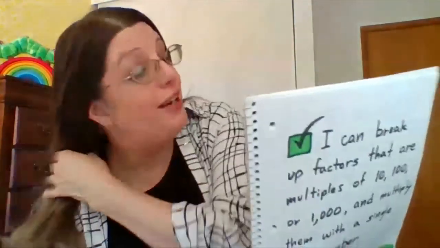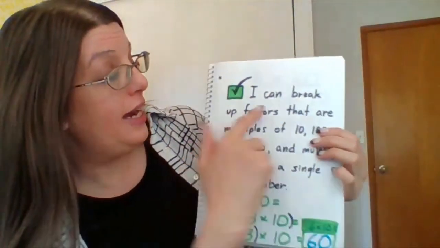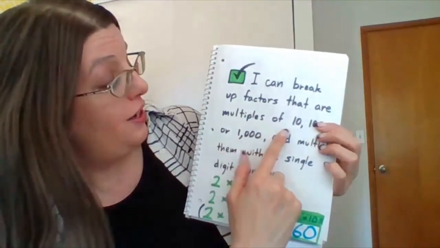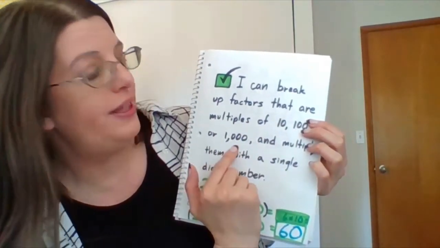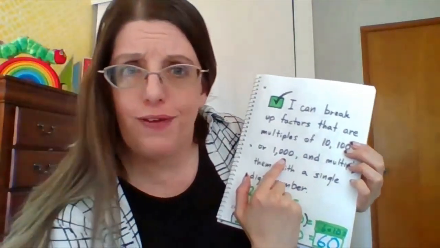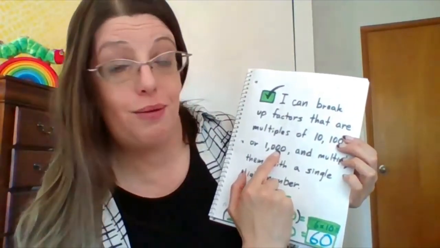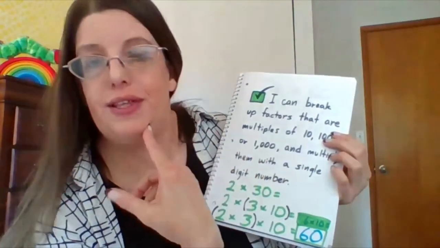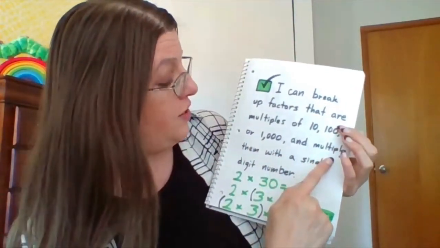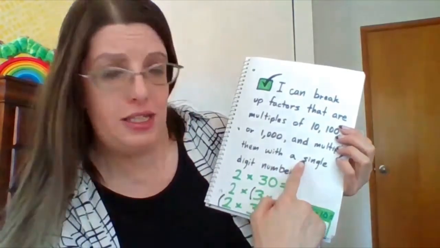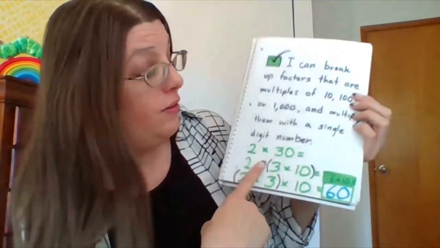The success criteria says I can break up factors that are multiples of 10, 100, or 1,000. Did we have some factors like 30 that are multiples of 10 or 7,000 that were multiples of 1,000? And do we multiply them by a single digit number?